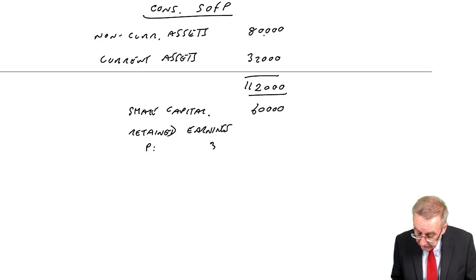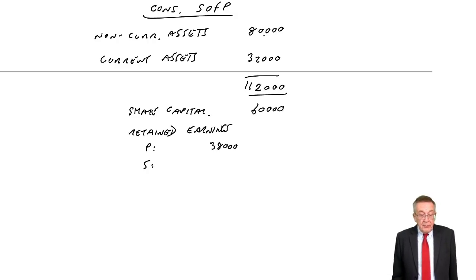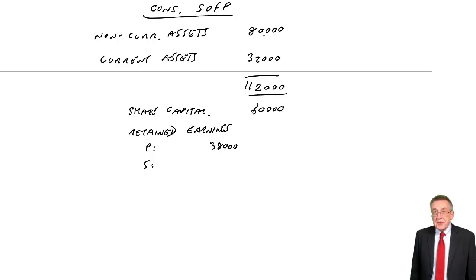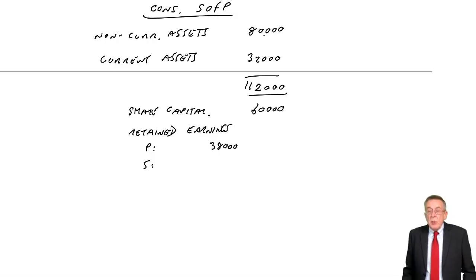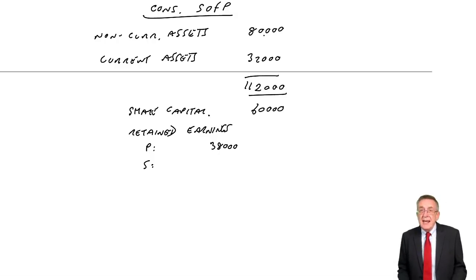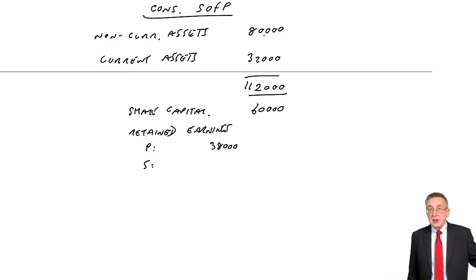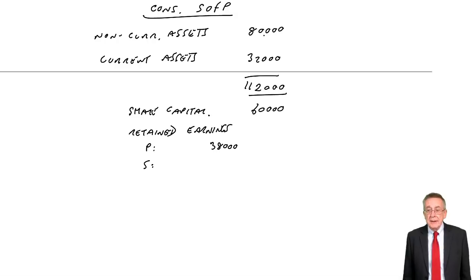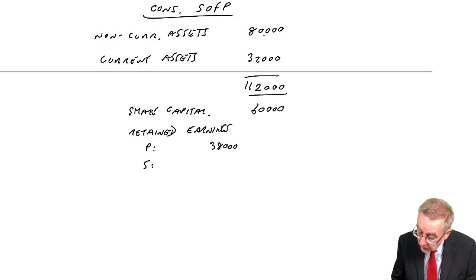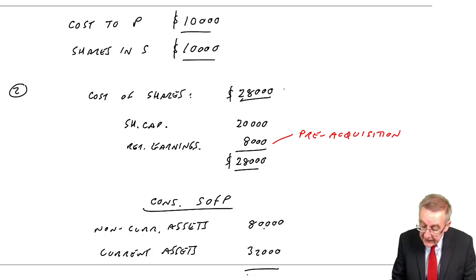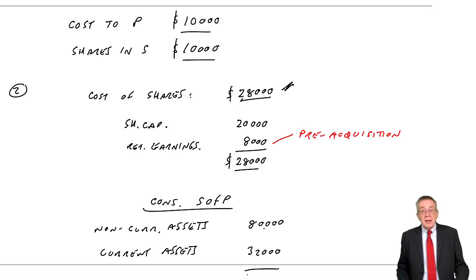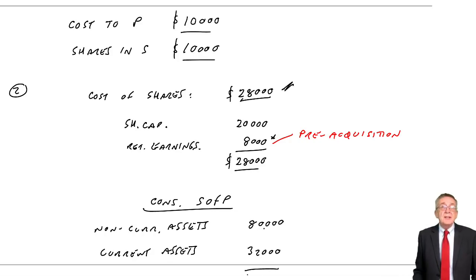However, as far as S is concerned, although the retained earnings are now 15,000, they weren't all earned since P bought the shares. Because again, 8,000 had already been earned before P bought the shares. It was pre-acquisition, and that was part of what we paid for. The reason we paid 28 was because we were buying the profits they'd already made.